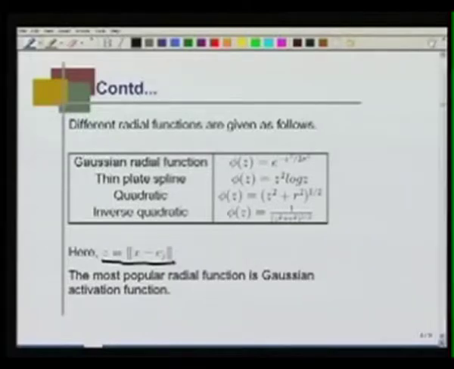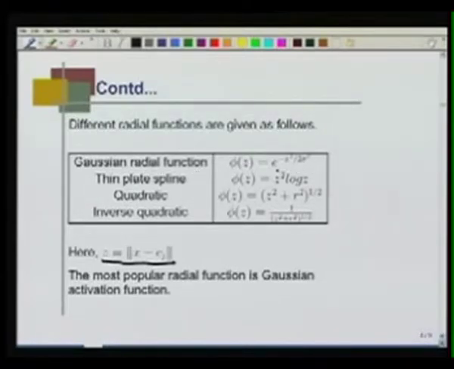If we define z as the Euclidean norm between x, the input data, and the j-th center, say we have h centers, then z is the Euclidean distance between x and Cj. The types of radial functions that we normally use are the Gaussian radial function and the thin plate spline function.